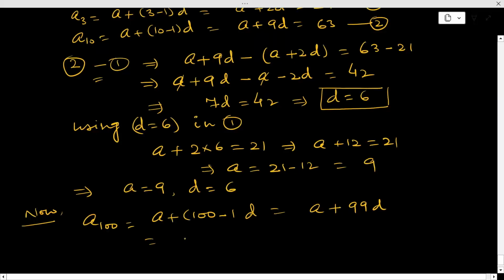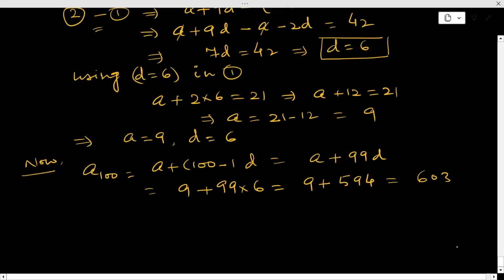Now we just need to put in the value of A, which we found as 9, and the value of D, which is 6. So this will be 9 plus 594, and this comes out as 603.